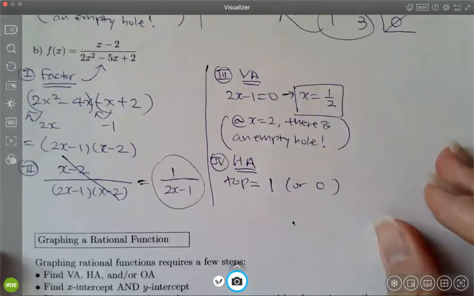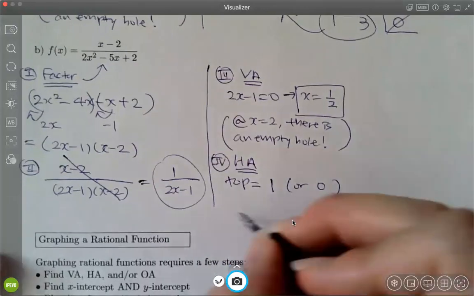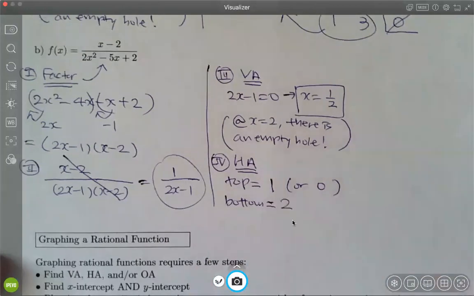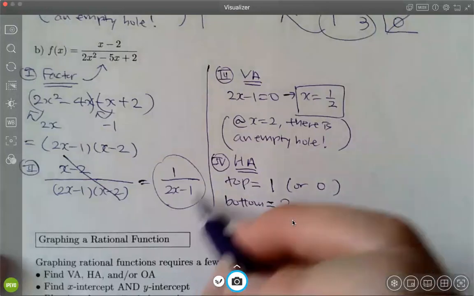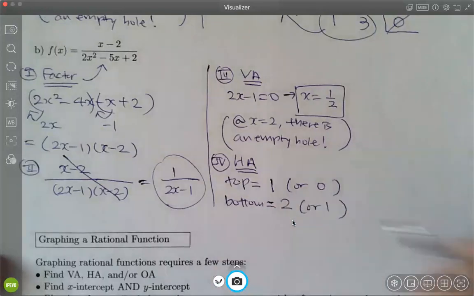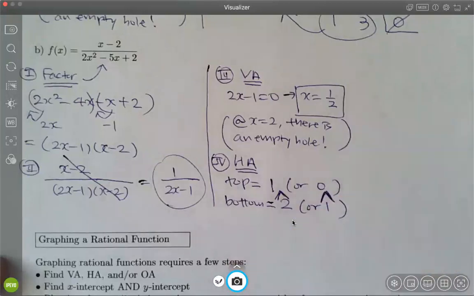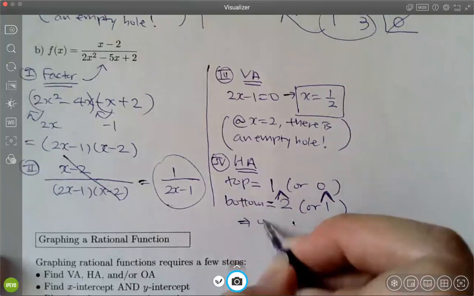And what is the bottom degree? Maybe you can say 2, but if you look at this new function 1 over 2x minus 1, you will say the bottom degree is 1. But no matter what you are looking at, what do you notice? The bottom degree is bigger, right? So what does it mean? The horizontal asymptote is y is equal to 0.